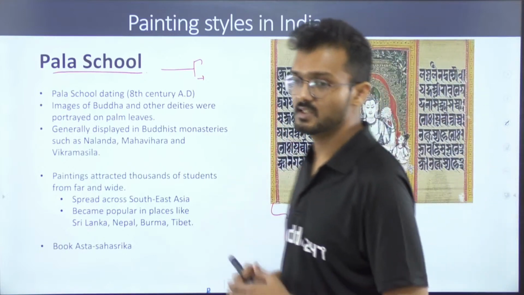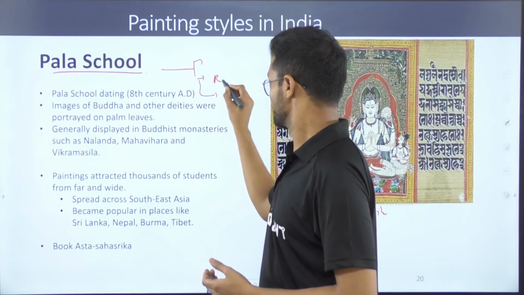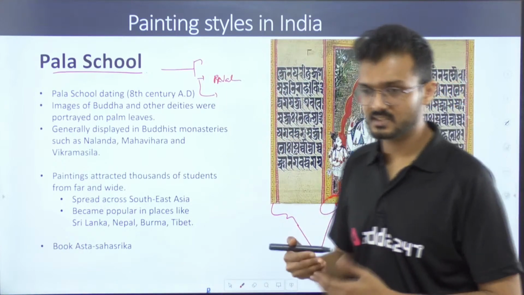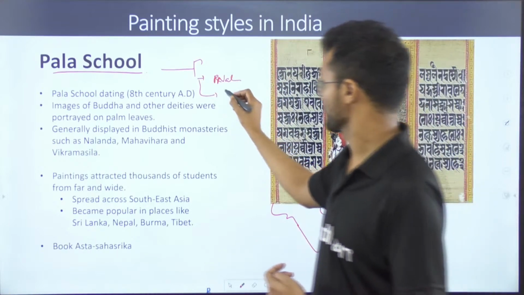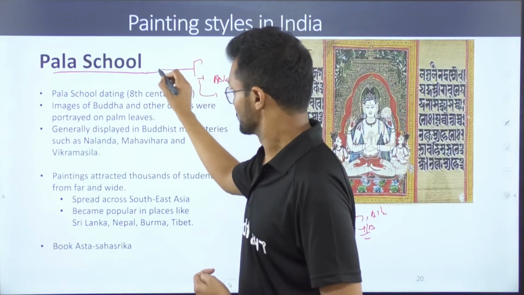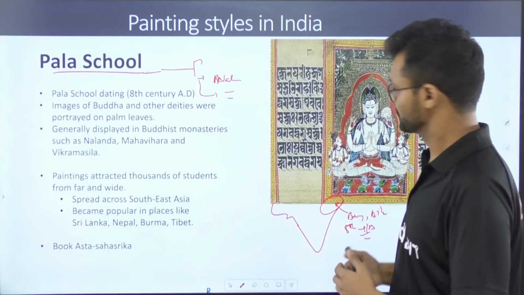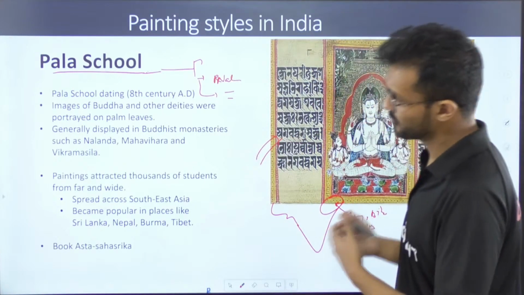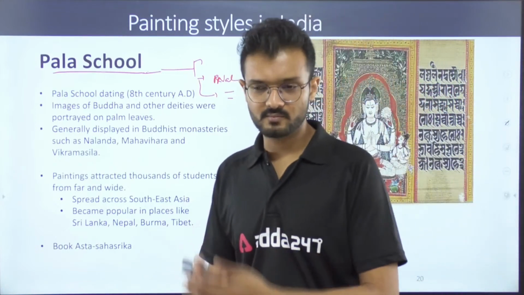They renovated the Nalanda University. They constructed different universities like Vikramshila University and Mahavira University. And in these universities, different literature developed. The other important thing about the Pala rulers was that they were patrons of Buddhism.